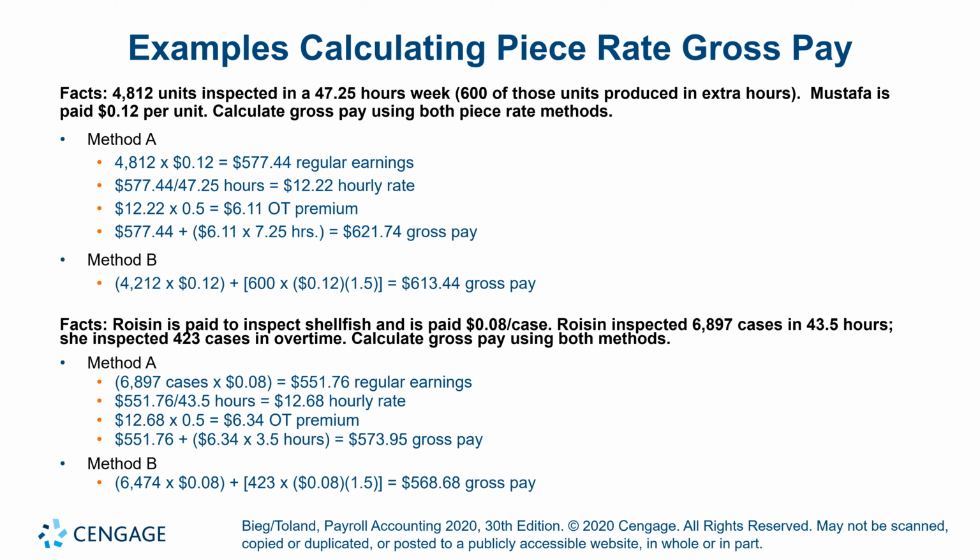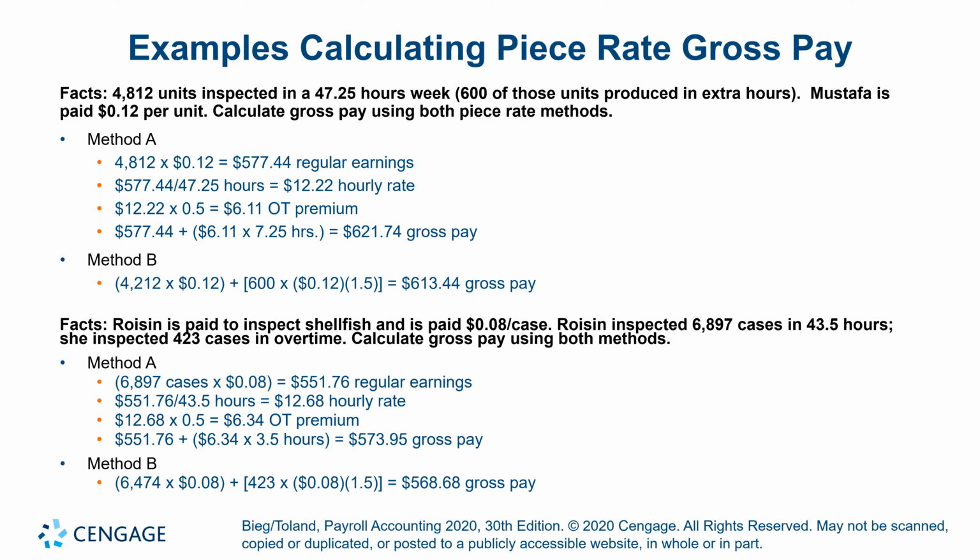So again, method A, we're taking the 4,812 units times that piece rate of 12 cents per unit. And that gives us our regular earnings. And then if we take our regular earnings divided by 47.25 hours, that gives us an hourly rate. And then we use that hourly rate to calculate the overtime premium, right?